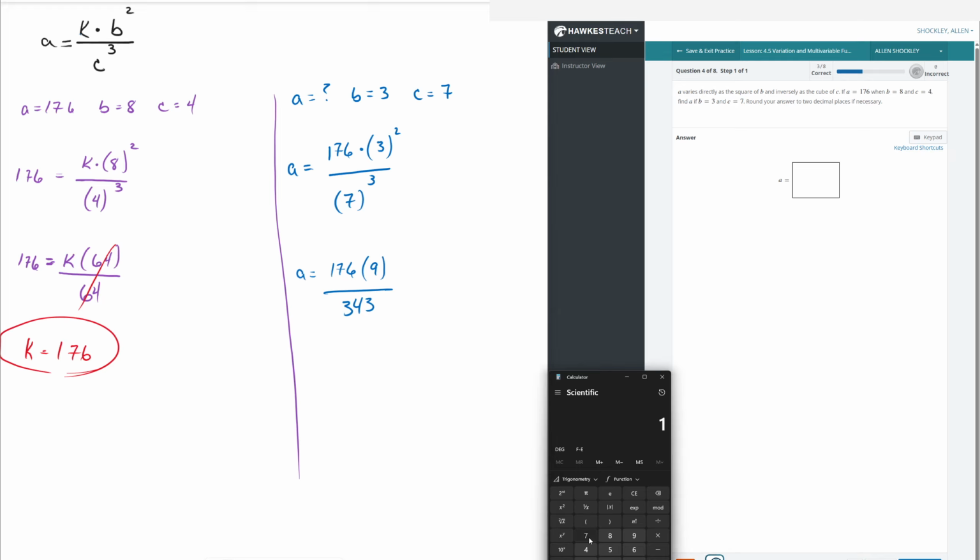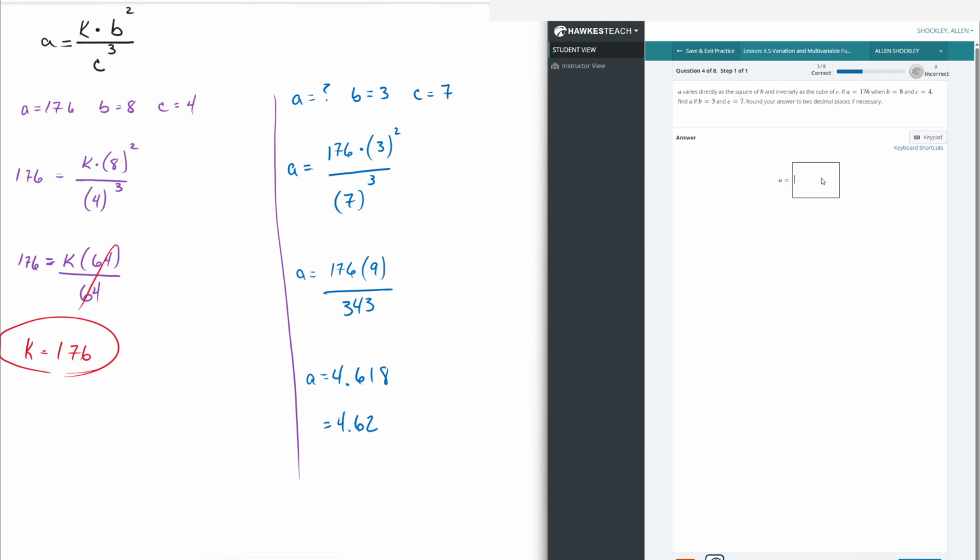So I'm going to take 176, multiply that by 9, and divide that by 343. A will equal 4.618, so 4.62.